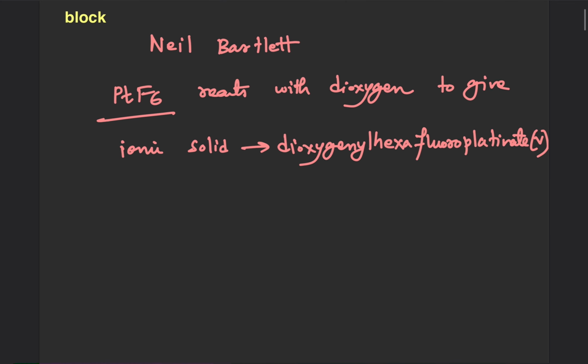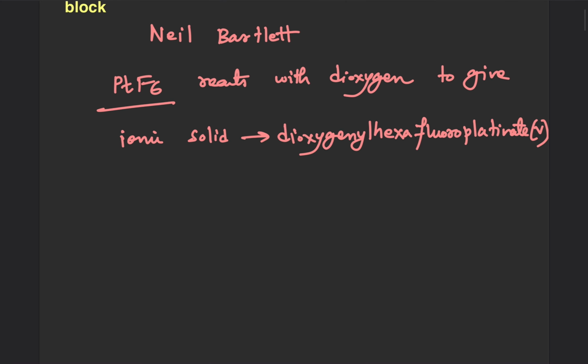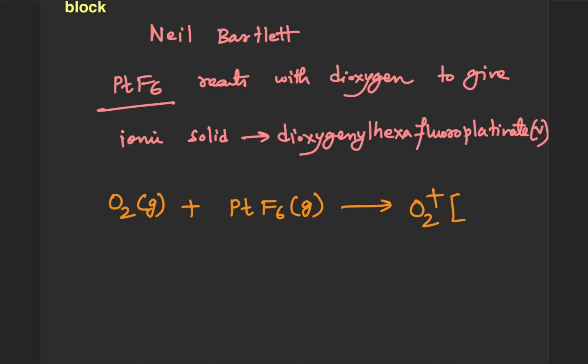Okay, so with respect to the reaction, I can write O2 gaseous plus PtF6 gaseous gives us O2+ [PtF6]- solid. Okay, so this is our X+ and this is our Y-.